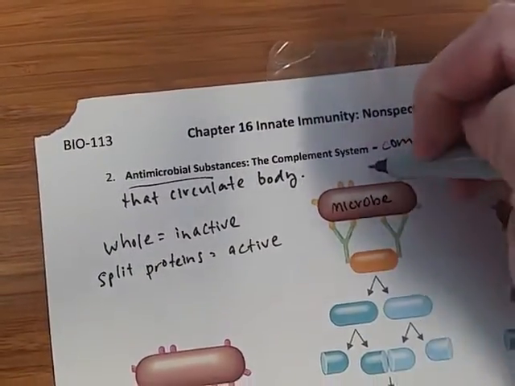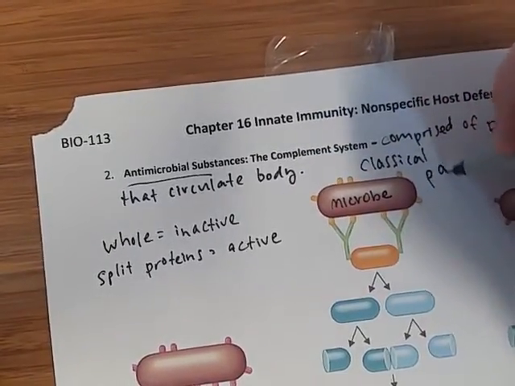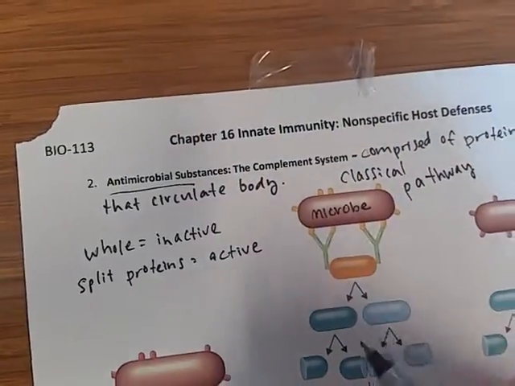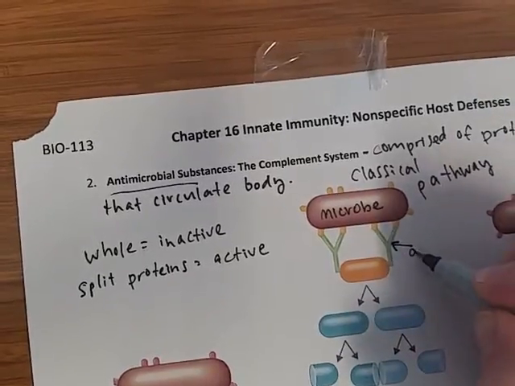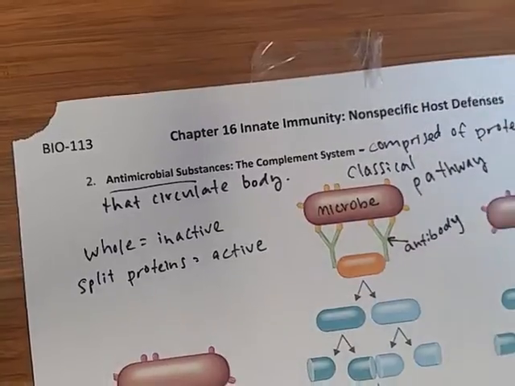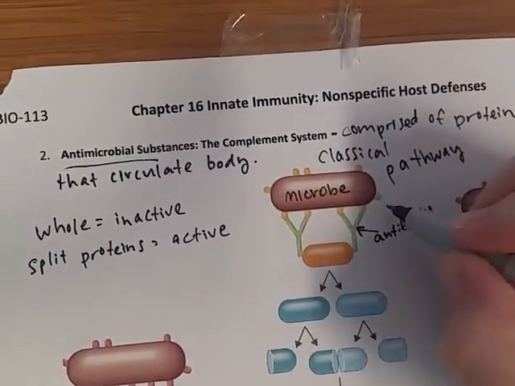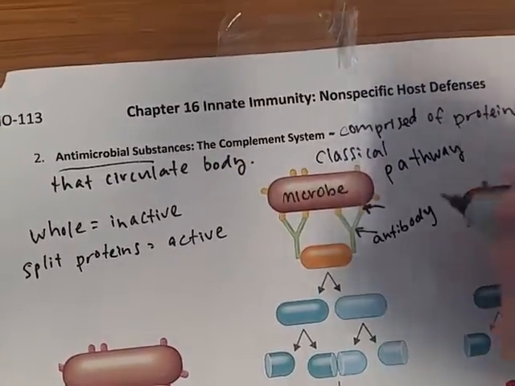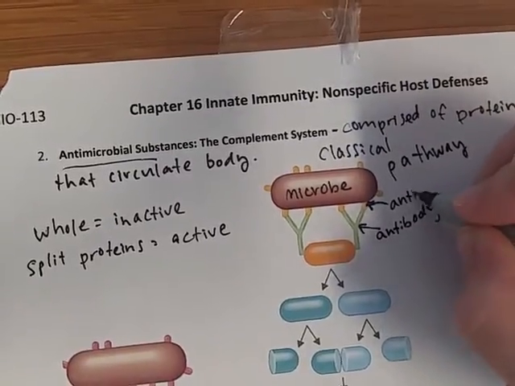And in the classical pathway, we're going to have antibodies, so here, that are going to bind to an antigen on that pathogen. So antibodies will bind to an antigen.